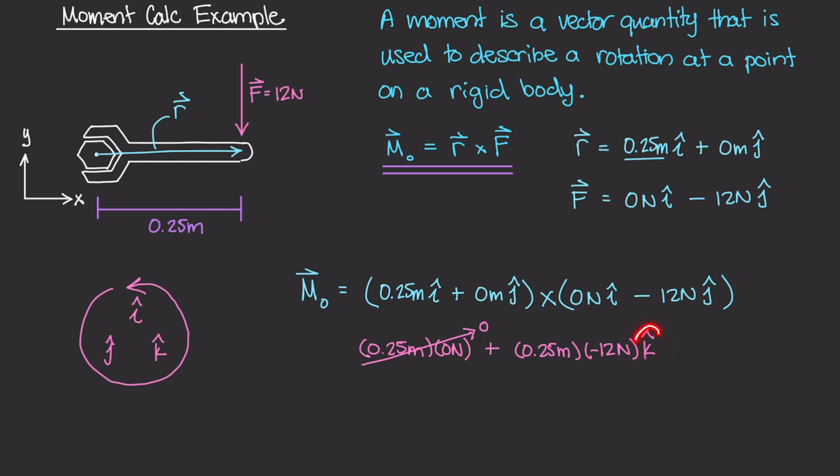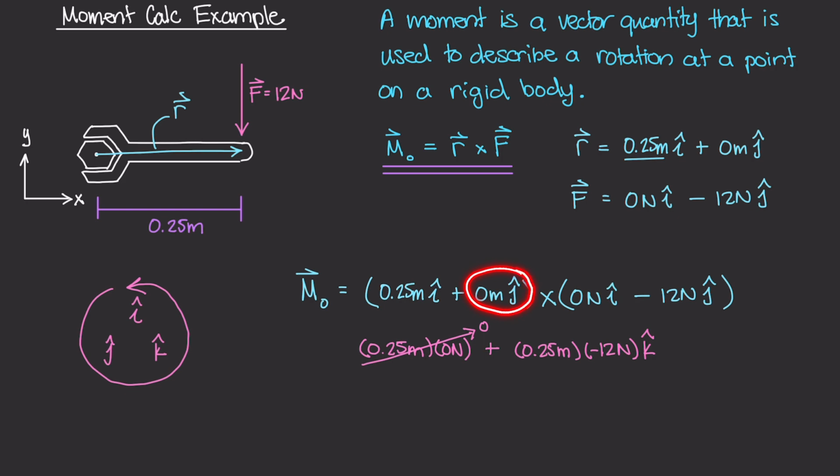Now, if k was negative, in other words, we didn't do i cross j, and instead we did j cross i, then this k vector would be negative, and that negative and this negative would cancel out, and so this entire term would be positive. But because we're doing i cross j, we're going in this direction, so k is positive, even though this entire term is going to be negative. Okay, awesome. So let's finish this up.